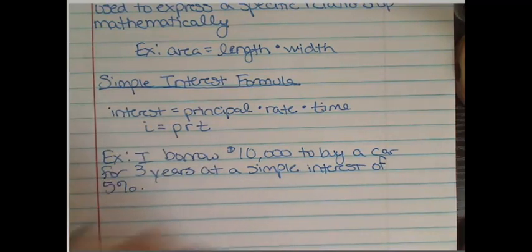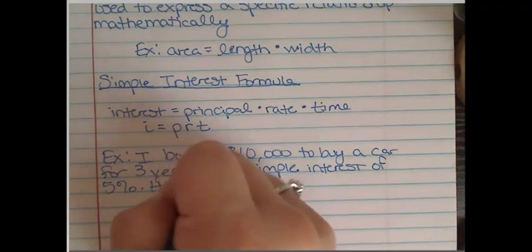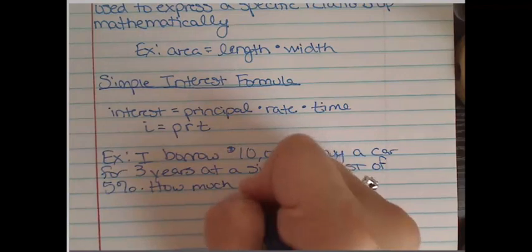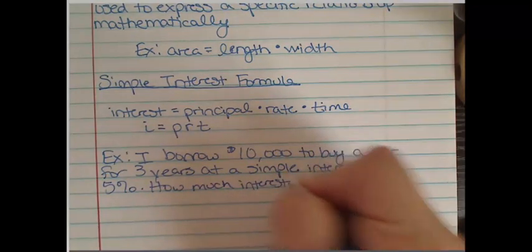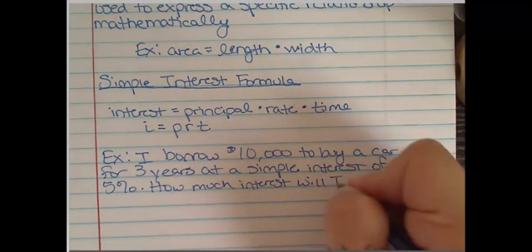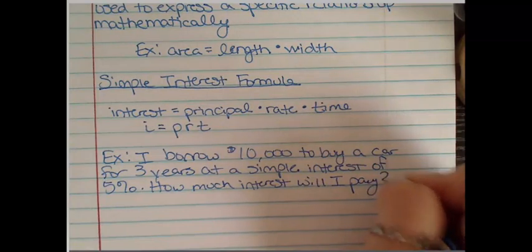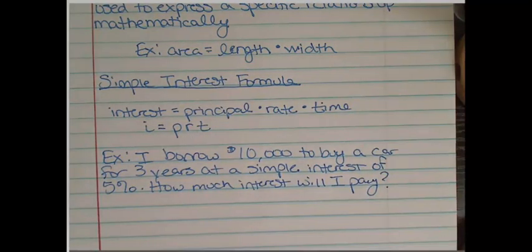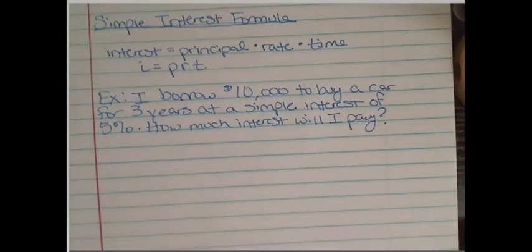So how much interest am I going to pay? So I'm going to borrow $10,000 for a car for 3 years at 5% interest. So this is a simple interest problem.